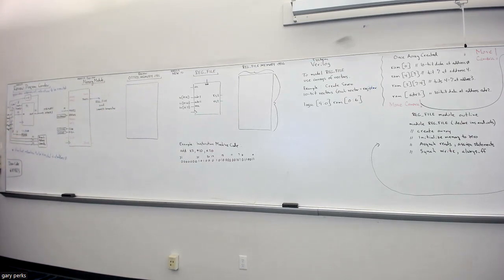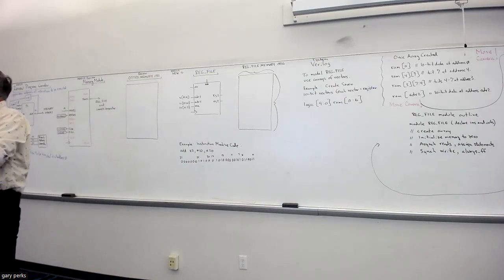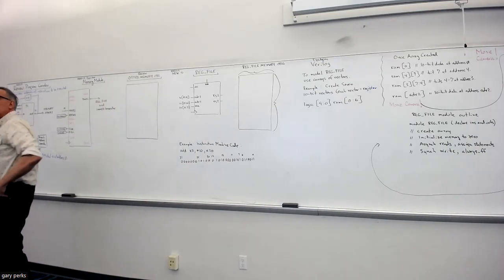Now, it's a different part of the control unit because the control unit is split up into 2. It's split up into an FSM and a decoder. If you were to look at all the outputs of the control unit FSM, they're mostly reads and writes, different kinds of reads and writes. And if you look at the outputs of the control unit decoder, they all go to the MUXes.